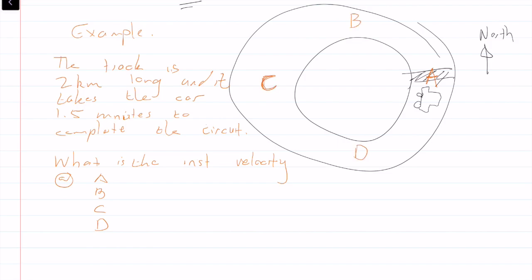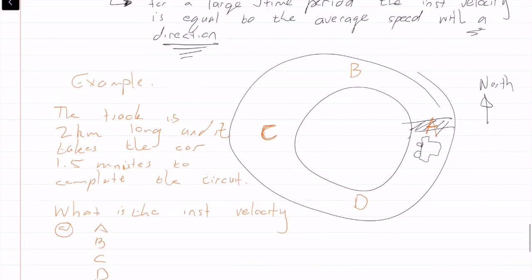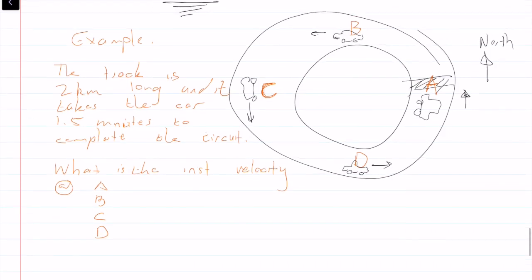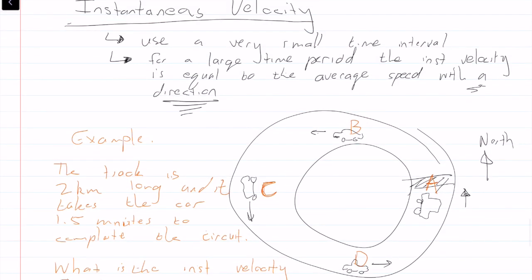If I were to draw the car at point B, it would be going in that direction. At point C, the car is going in that direction, and at point D, it's going in that direction. And obviously at point A, it is going in that direction. So what did we say? Instantaneous velocity for a large time period is equal to the average speed.